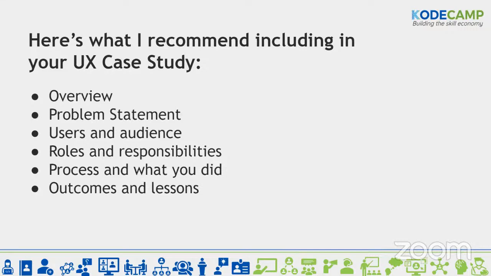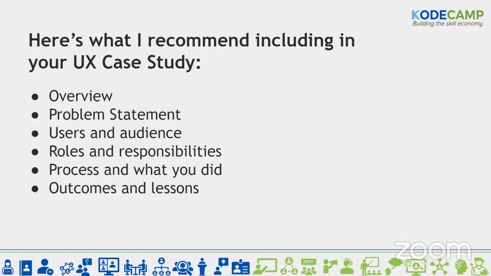We have the problem statement. This is where you write down the problem and why you're trying to solve it. Then your users and your audience. Who are your target users? Are they students? Are they working class citizens? This is where you list them out.